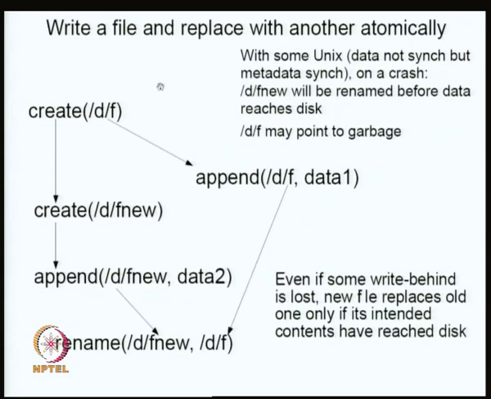What you are interested in is making sure that whatever happens, I should not lose my updates if possible, and most important, it should not be the case that I lose both the old file and the new updates. That's a catastrophe. I want to avoid it. So that's the reason why I need to replace with another atomically.